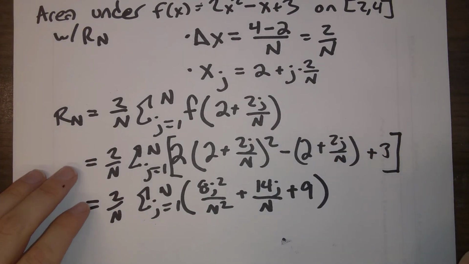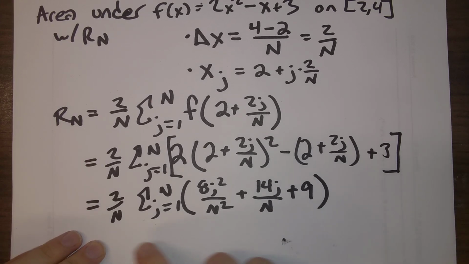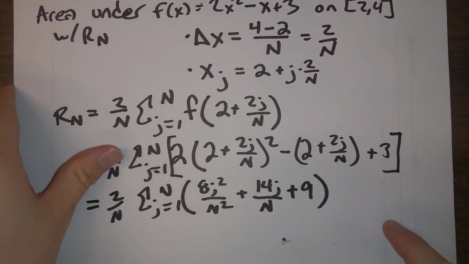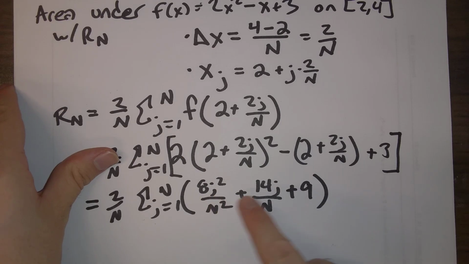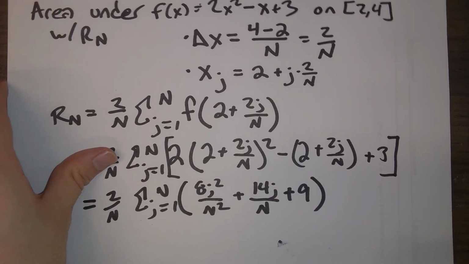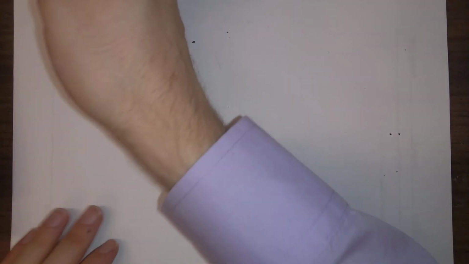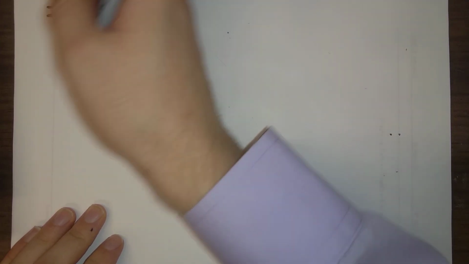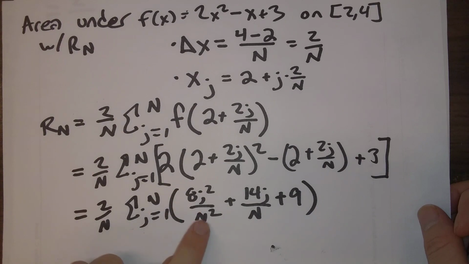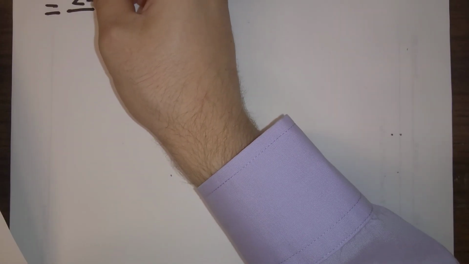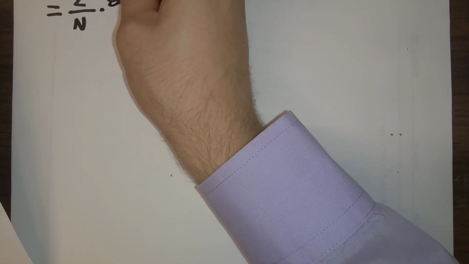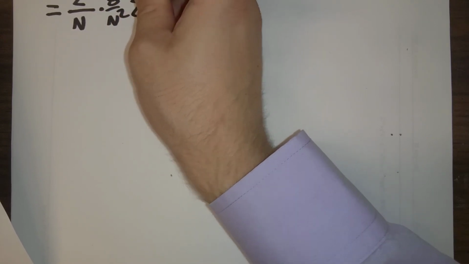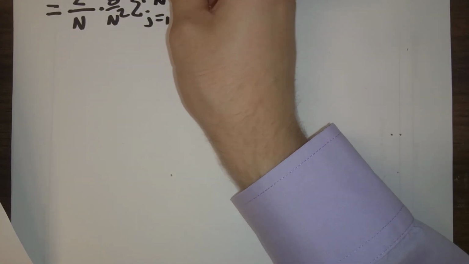What I'm going to do now, on the next slide, is rewrite this as 3 separate sums: one with the sum of j squared, one the sum of j, one the sum of 9. The first one has the sum of j squared, so I'm going to move out 8 over n squared. So 2 over n times 8 over n squared times the sum j from 1 to n of j squared.